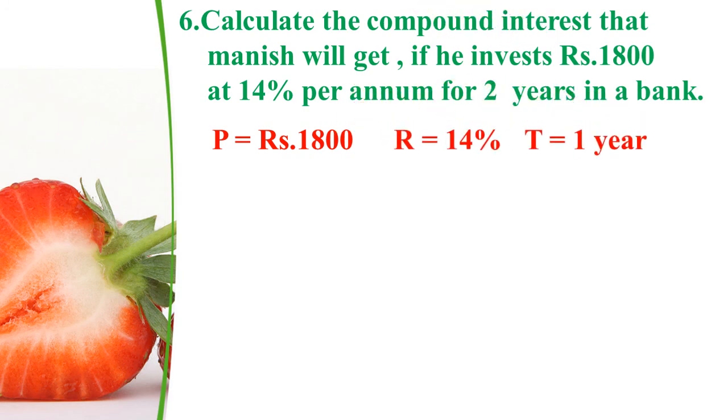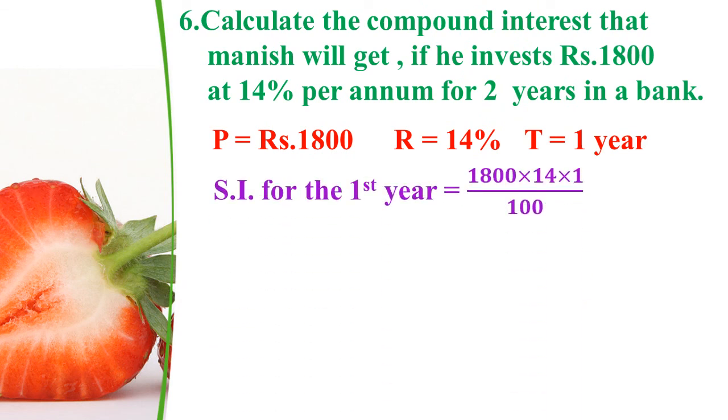Time period is 1 year. Let's find simple interest for the first year. Equal 1,800 into 14 into 1 by 100. Here two zeros and two zeros gets cancelled out. Simple interest for the first year is rupees 252.